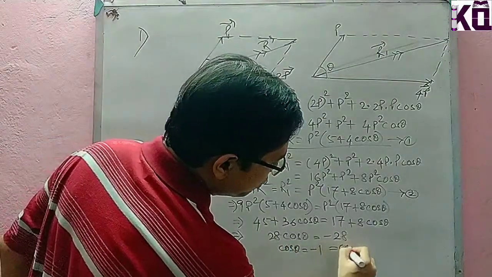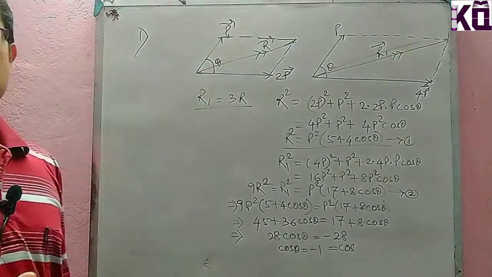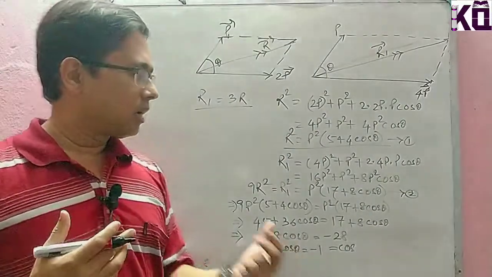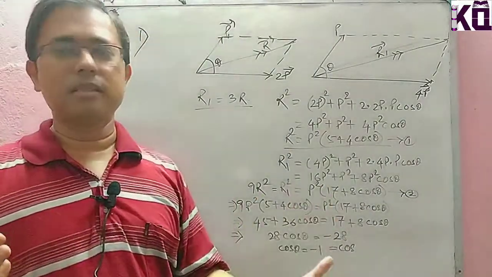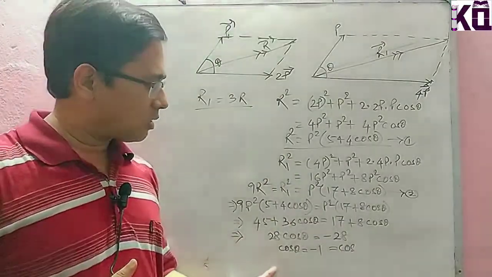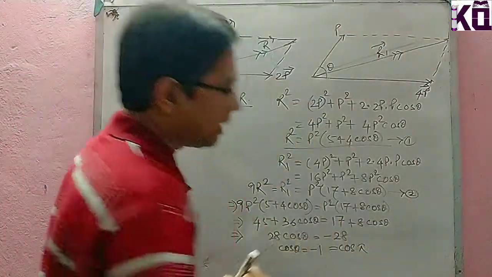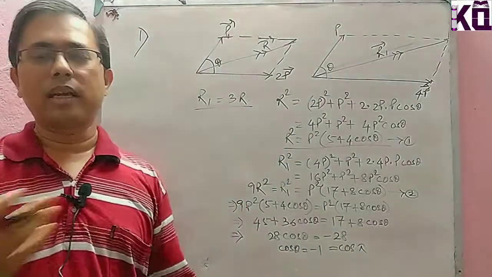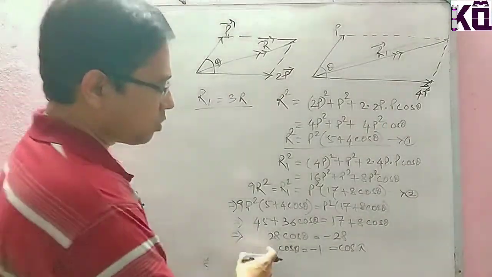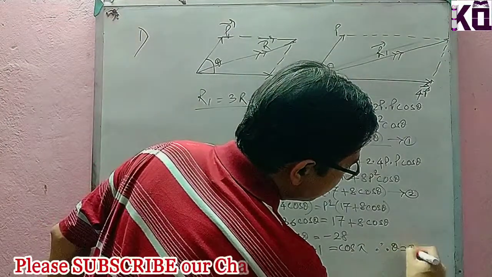As we know, cos 0 is plus 1 from trigonometry. When we do the trigonometry part of mathematics, in that part I can explain all these. Now here cos theta is equal to minus 1 means that value should be cos pi, as pi means 180 degree or pi radian are equivalent to each other. So ultimately we can write theta is equal to pi.